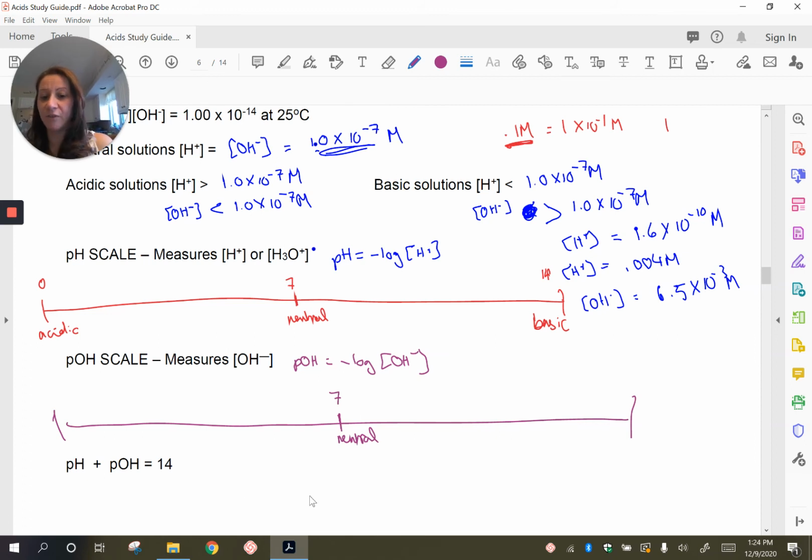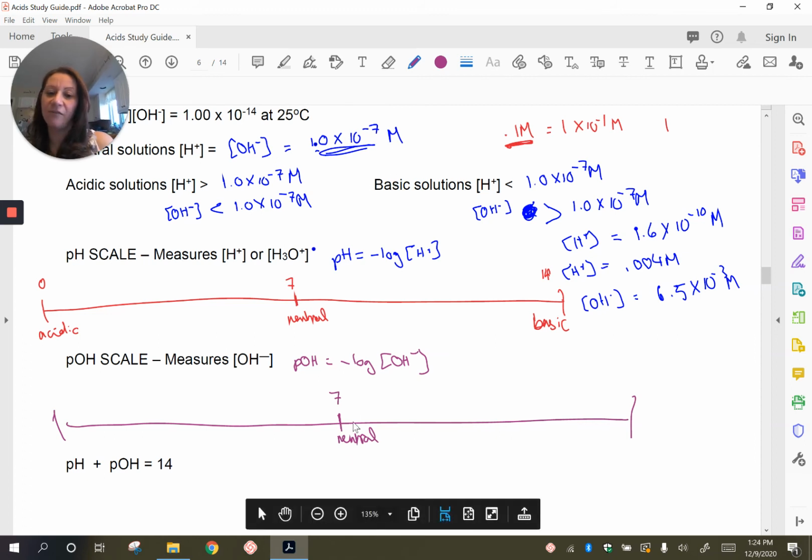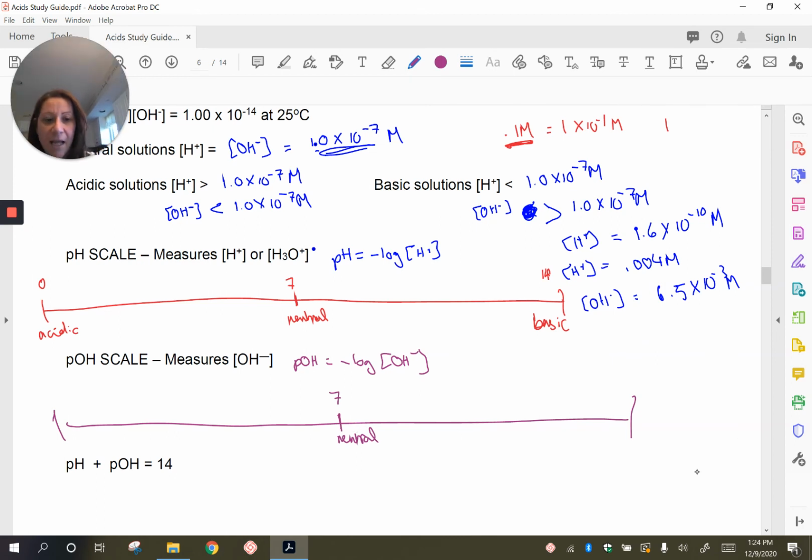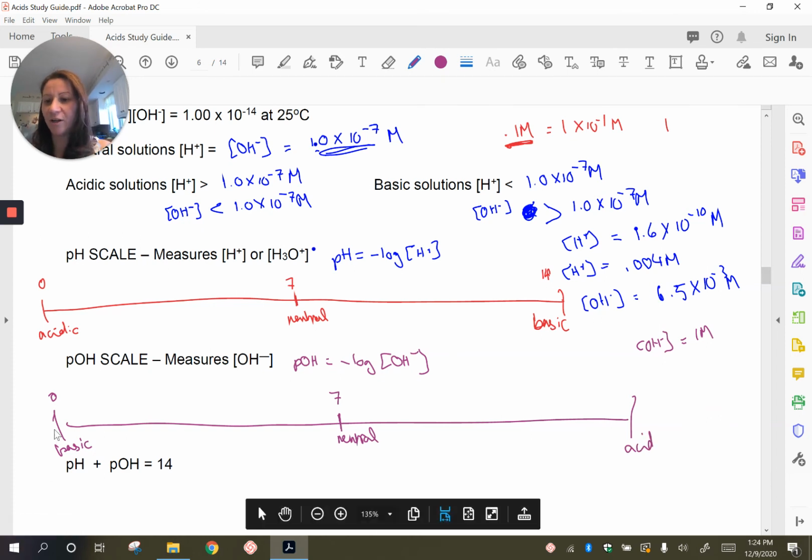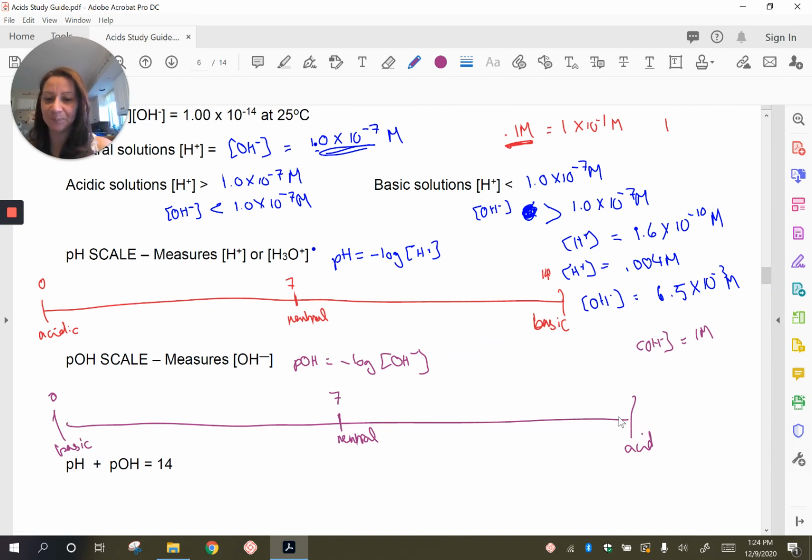And so negative log of that is 7. If I have something that is extremely basic, like let's say the hydroxide ion is 1 molar, well, that would be 0. And so the pOH scale is the opposite of the pH scale, where the smaller number it is, the more basic it is, the higher number it is, the more acidic it is.